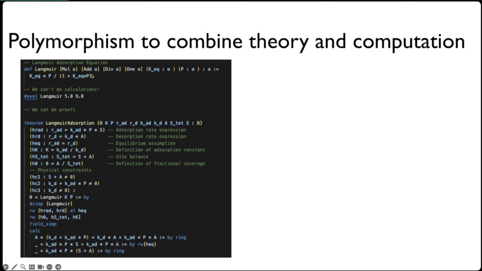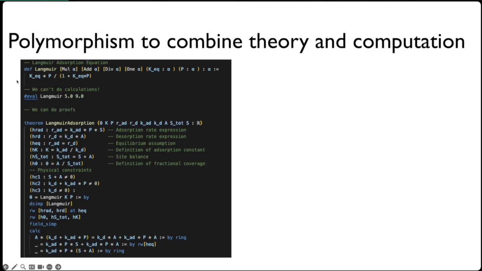Here we were talking about a function definition. This is Langmuir, and it's a function of k, eq, and p. The alpha here is given as a generic type, and this nonetheless allows us to define this function, k eq times p over 1 plus k eq times p.